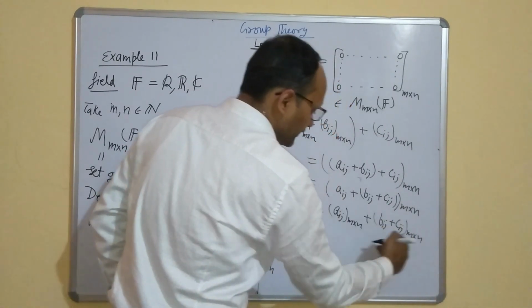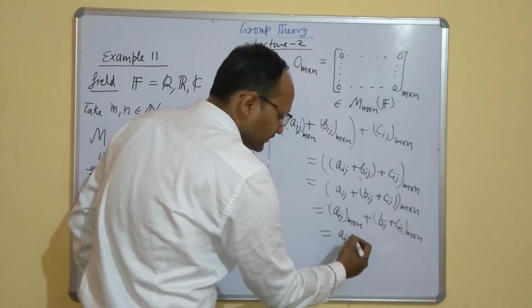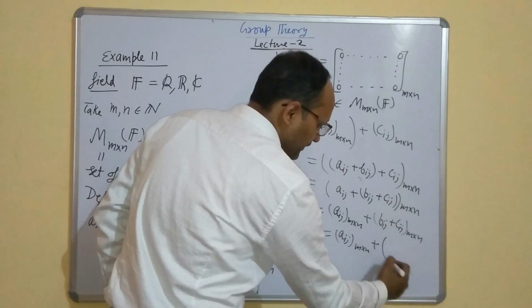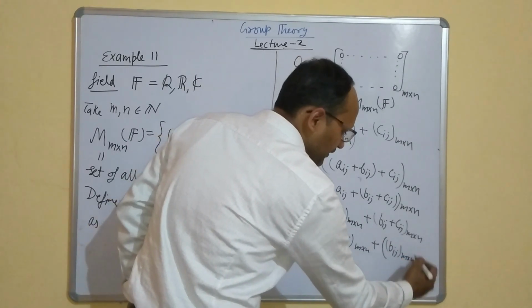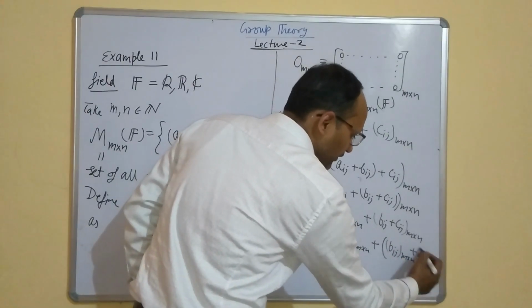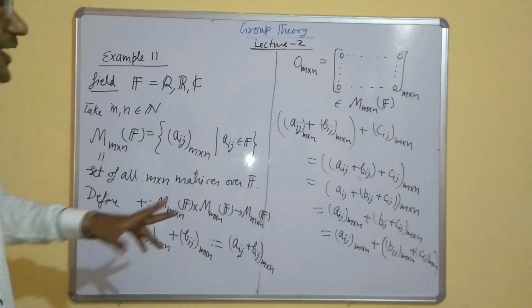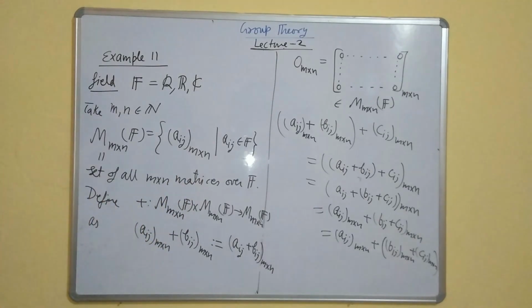Further note that this is a matrix, and this is (A_ij), m cross n, plus in bracket (B_ij), m cross n, plus (C_ij), m cross n. So it means simply that this operation of addition of matrices is an associative operation.